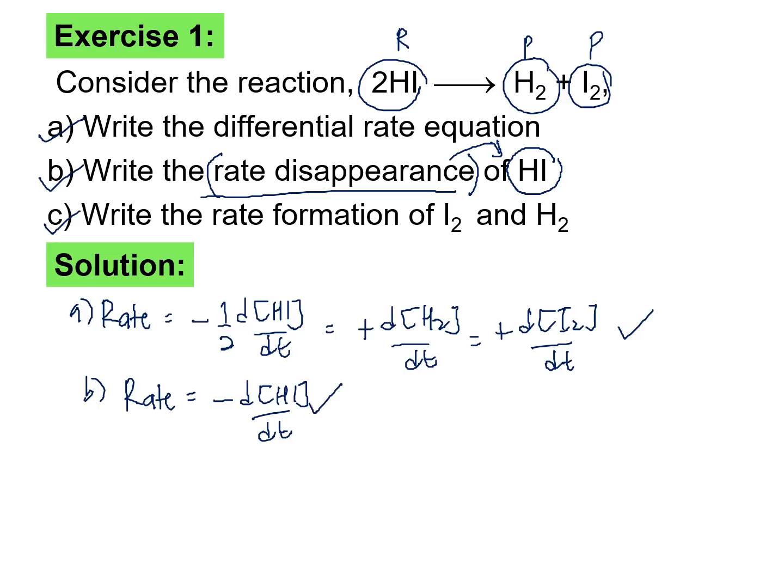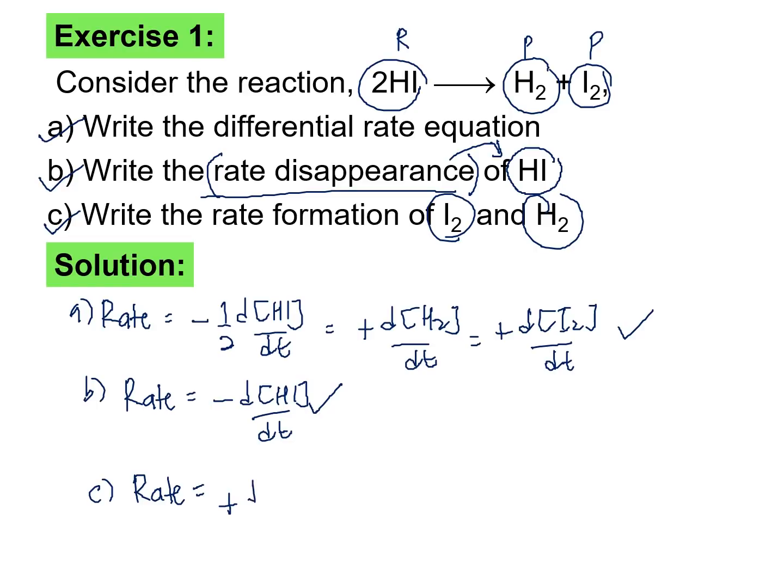Okay, untuk C, rate of formation of I2 and H2. So di sini sekali lagi kita nak buat expression untuk iodine dan juga hydrogen. So kita memerlukan dua expression. So the first one, write the rate equals to positive. Kenapa positif? Sebab iodine adalah your product.